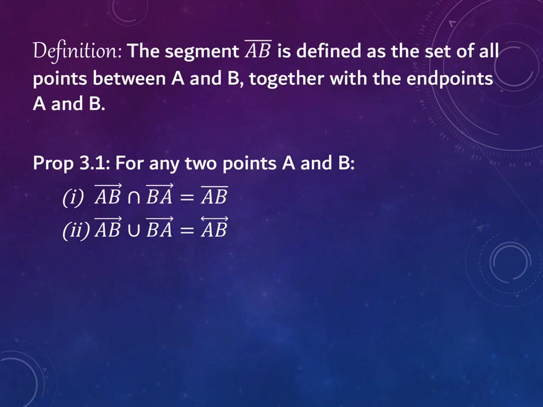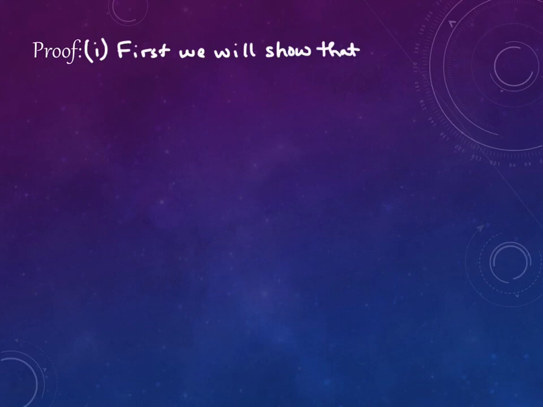Are we good? Okay. All right, so we're going to start with the proof of part I, number 1. And first, we will show that segment AB is contained inside of ray AB intersection with ray BA.